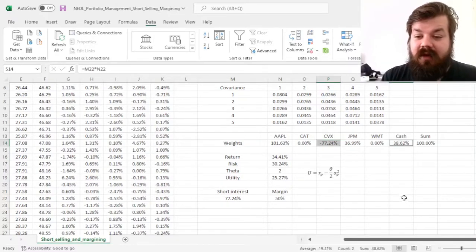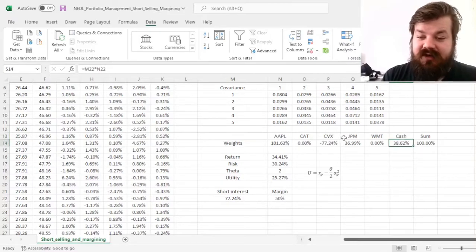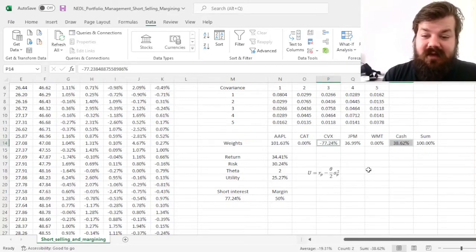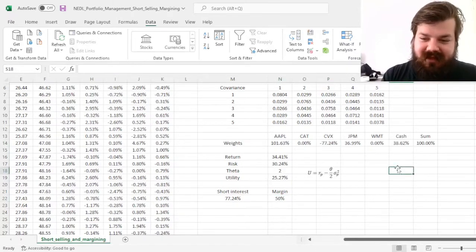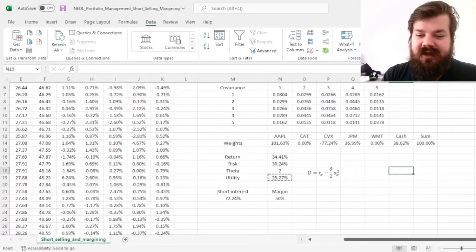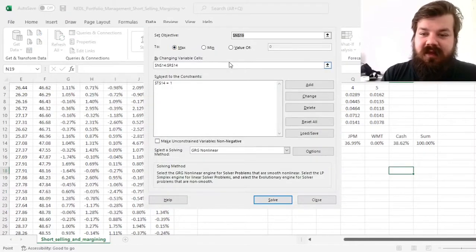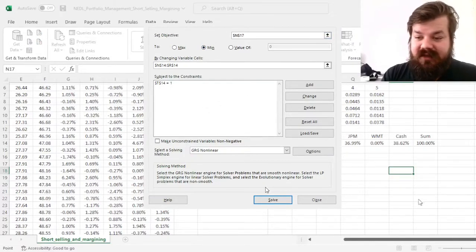But now we also have to deposit some cash to finance that particular short selling position to honor the regulation that's put in place. What is also interesting is if we deal with a minimum variance portfolio with short selling, we can get a flavor of what hedging is in this regard.